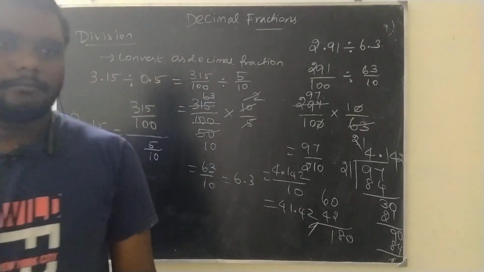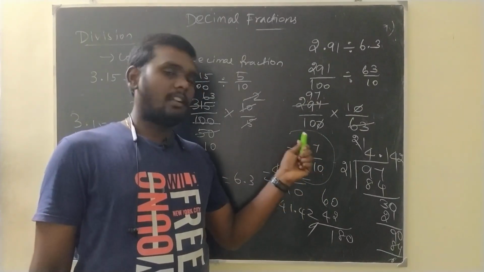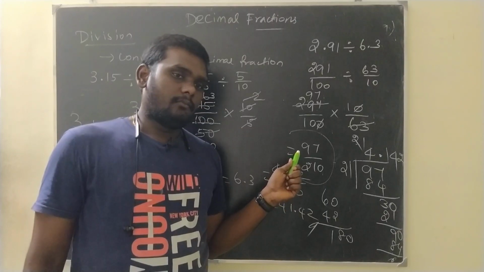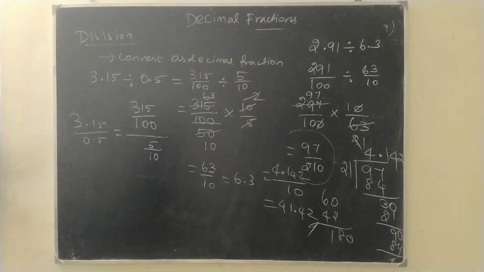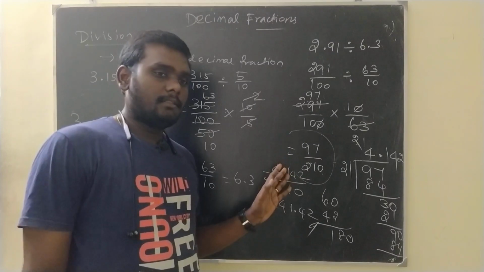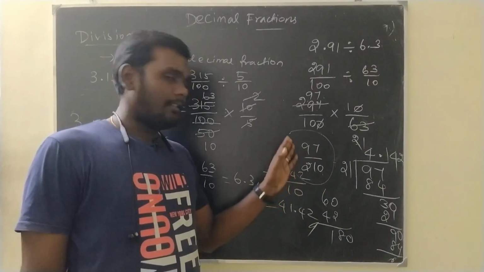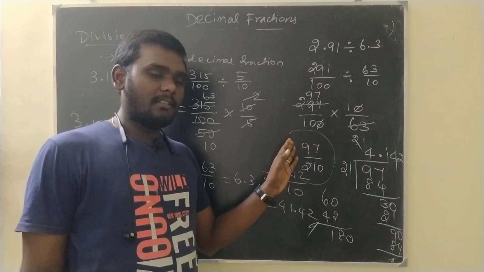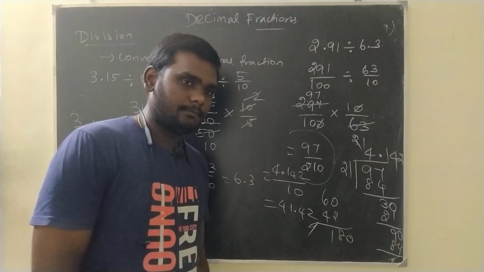Suppose this itself is enough for you, you can stop right here. I am not telling you to keep dividing until you are tired. While you are working out the question, if the answer is helpful in this format, you can give it in this format, or else you can go for this format.